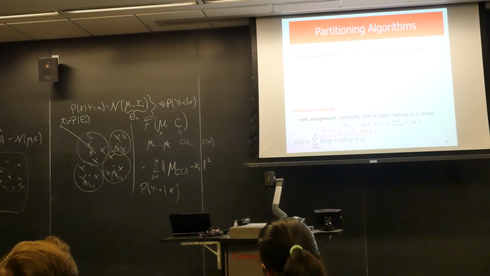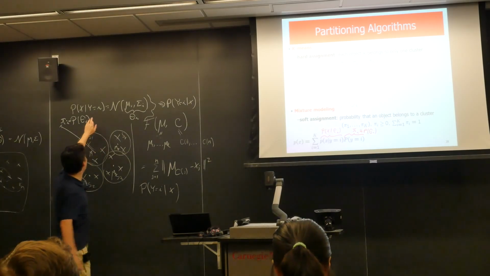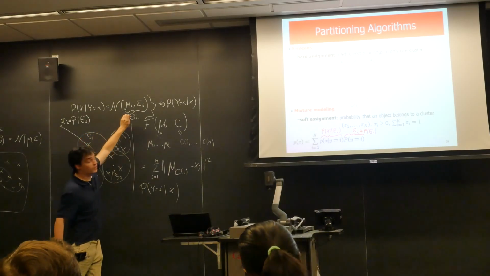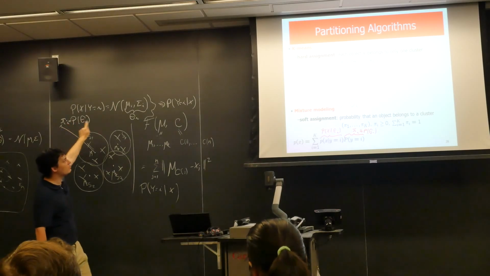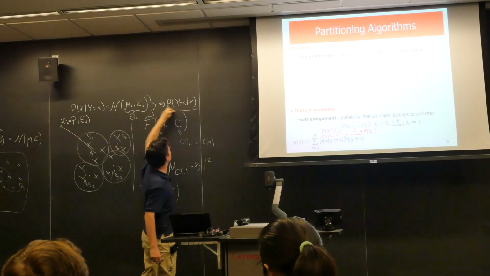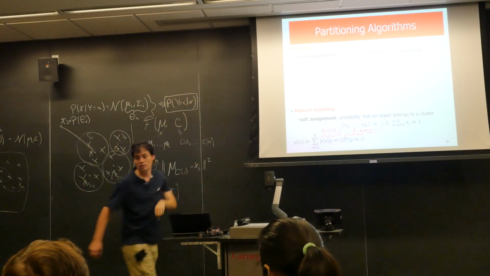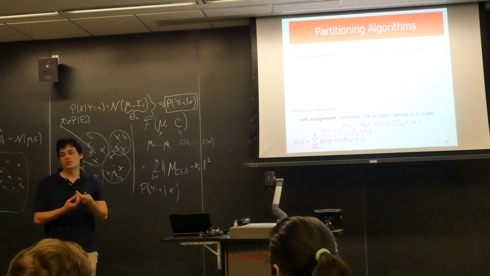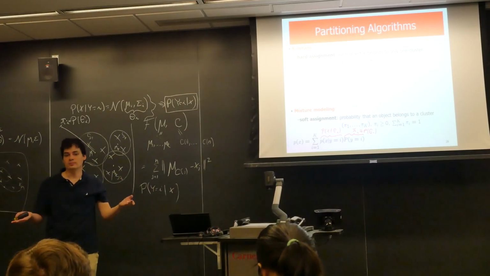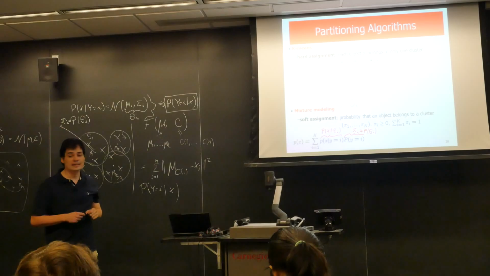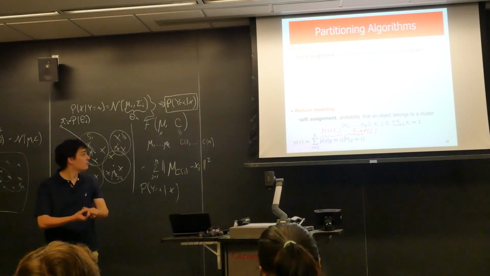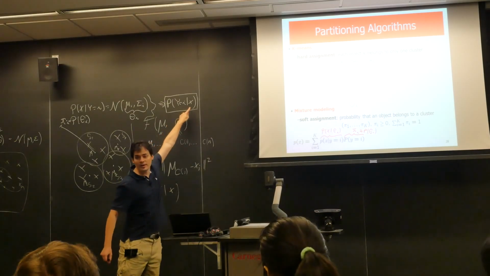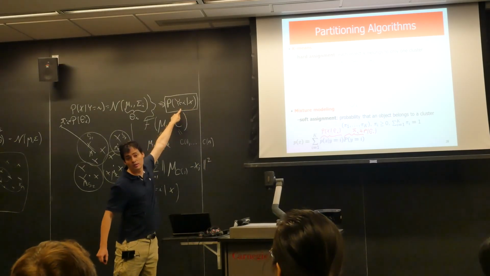So I'm just saying that if I already estimated parameters theta i and pi i, then I will be able to estimate these probabilities, and that's the solution of this clustering problem. Instead of giving a hard assignment as we did in k-means, we will give a soft assignment. We will say that this point x with this probability belongs to cluster i.